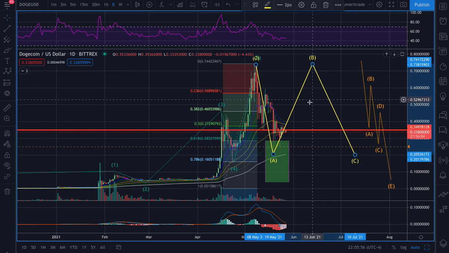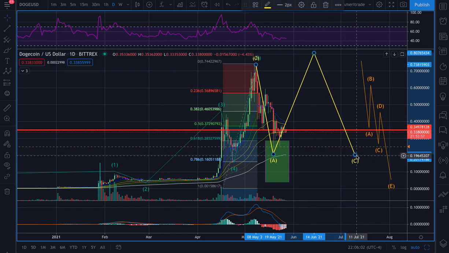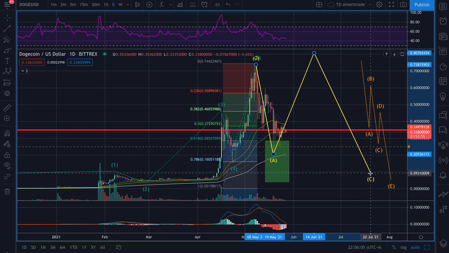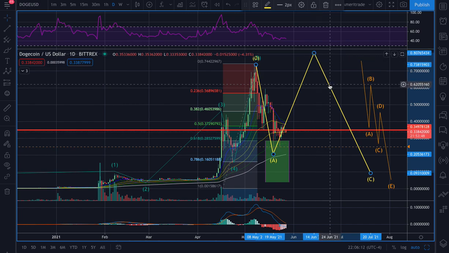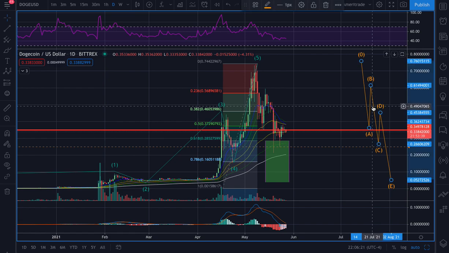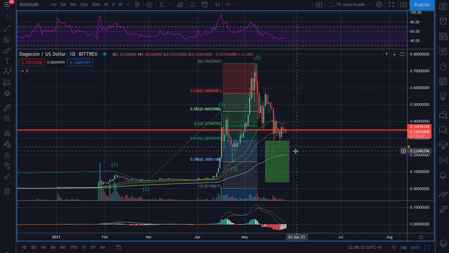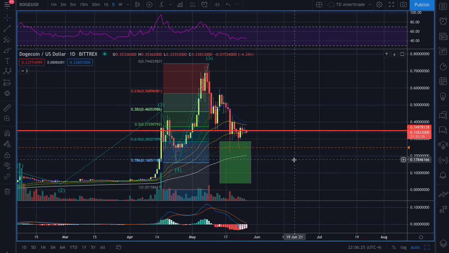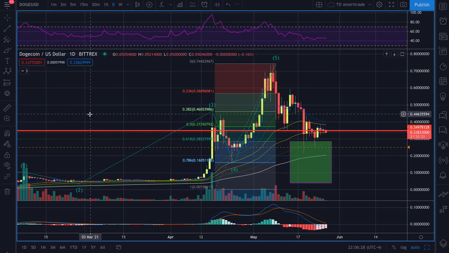Something like that, which is called a flat correction, or something like this, which is called an expanded flat, or there's a whole bunch of different things. I did a video about corrections, so check that out in my crypto playlist. So this, I'm going to get rid of it for now until we see what's happening. I can always redraw, that's no problem at all.